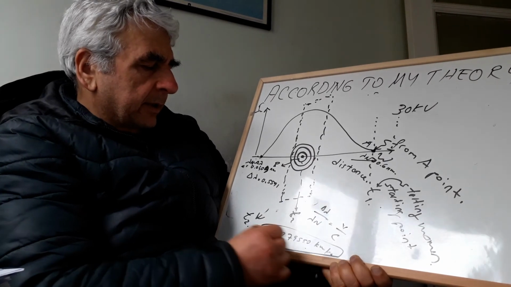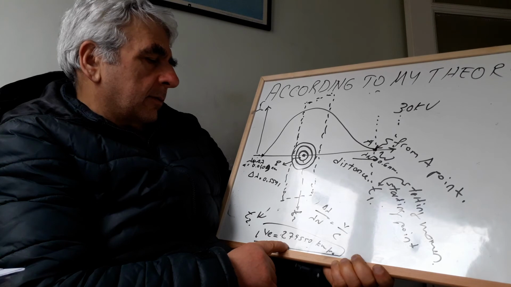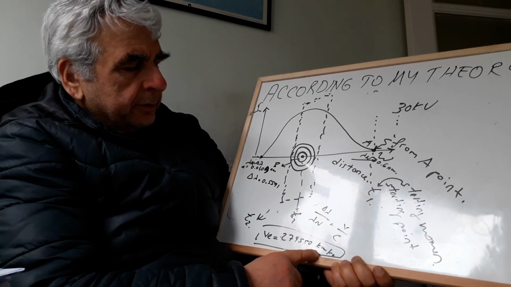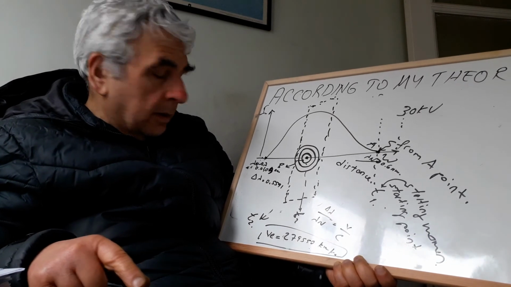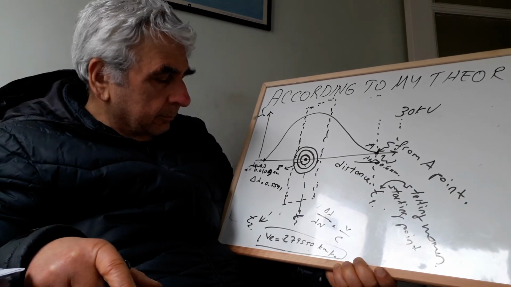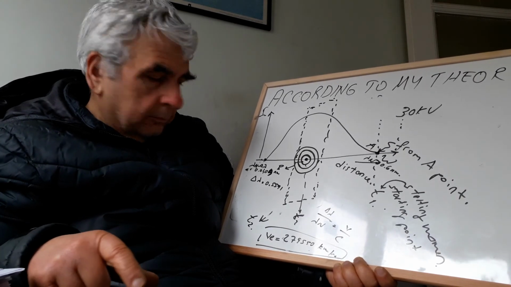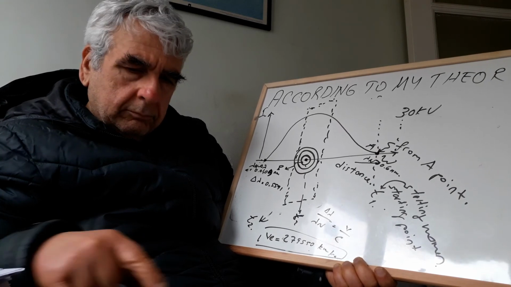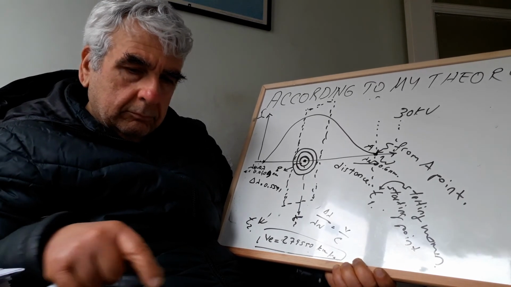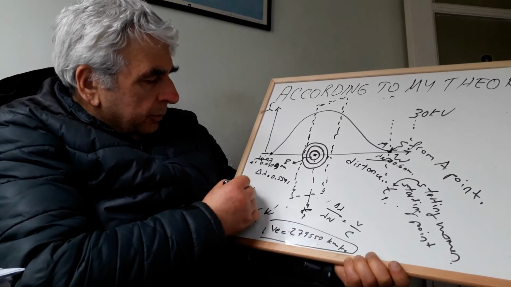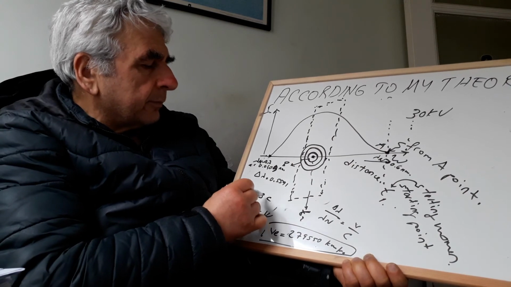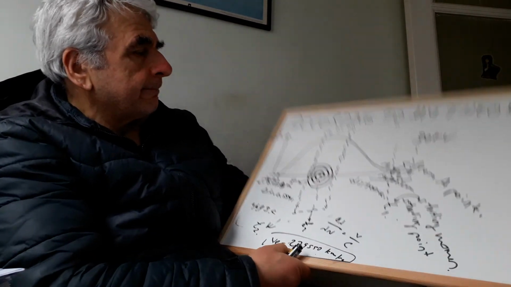Yes, this is the velocity of the electron motion form: 279,550 kilometer per second, 0.559 divided by 0.6, approximately 93% of the speed of light, the electron velocity coming.